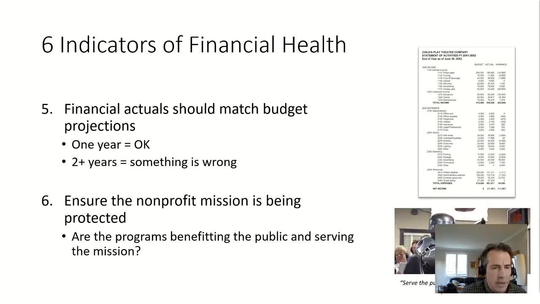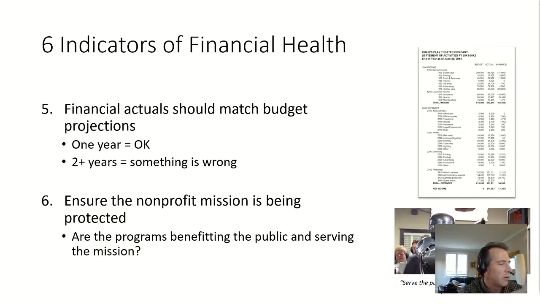And then finally, this kind of goes back to item number 4, the appropriate mix of expenses item. But basically, you want to make sure that the nonprofit mission is being protected. And what is the nonprofit mission? To serve the public trust, to protect the innocent and uphold the law, just like RoboCop says here. So if we are taking in public money, it should be going to quality programming.